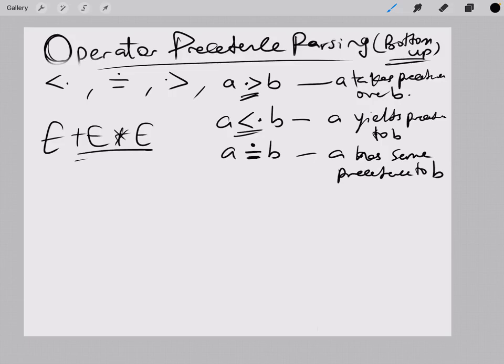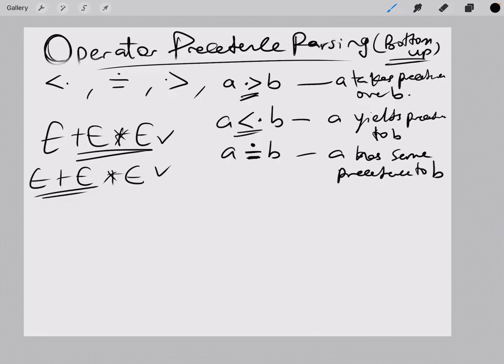Do we do e star e, or e plus e first before star? Because we had multiple occurrences popping up, we had to do two different shift reduce parsings, and we arrived at the same answer eventually, but through two different processes.